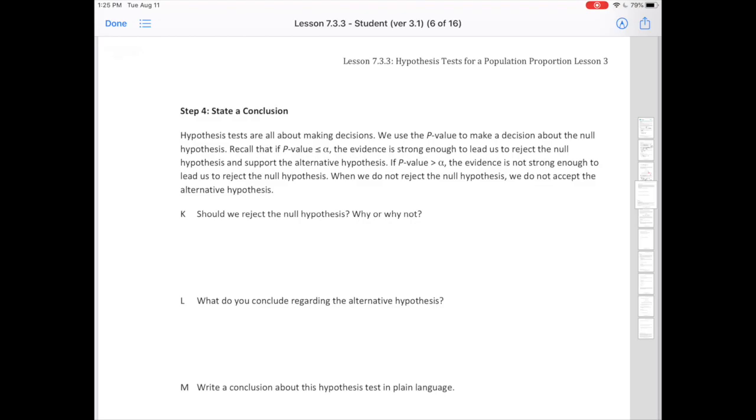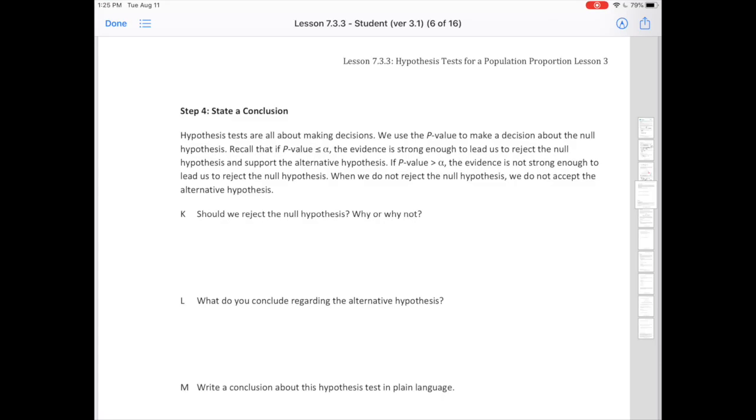So step 4, hypothesis tests are all about making decisions. We use the p-value to make a decision about the null hypothesis. Recall that if the p-value is less than or equal to alpha, the evidence is strong enough to lead us to reject the null hypothesis and support the alternative hypothesis.